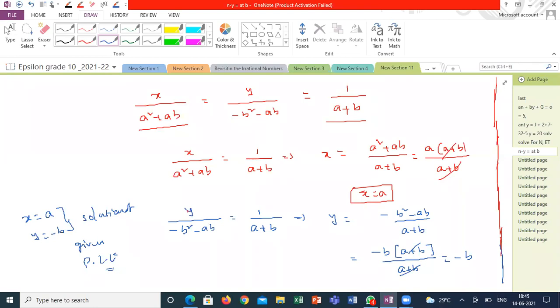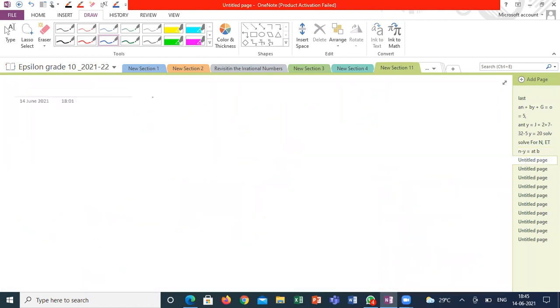So one more question like this I can give, with variables instead of numbers. Can you try? Solve for x and y for the following pair of linear equations.